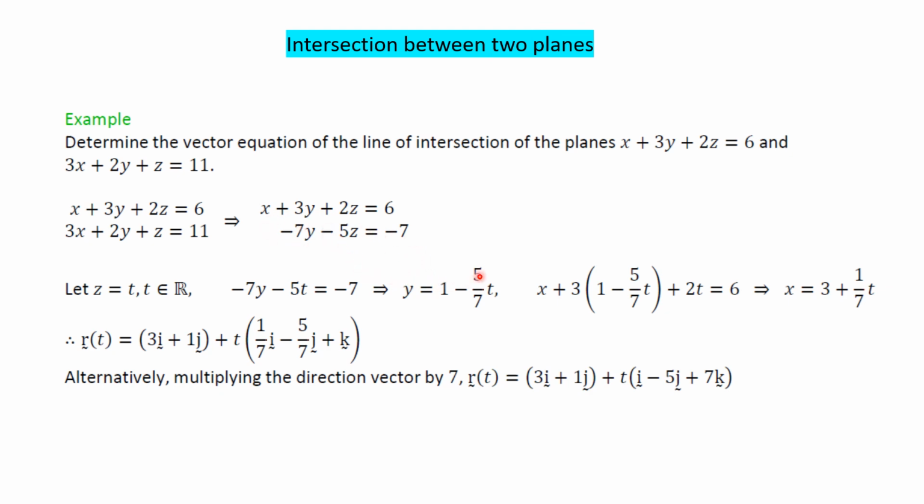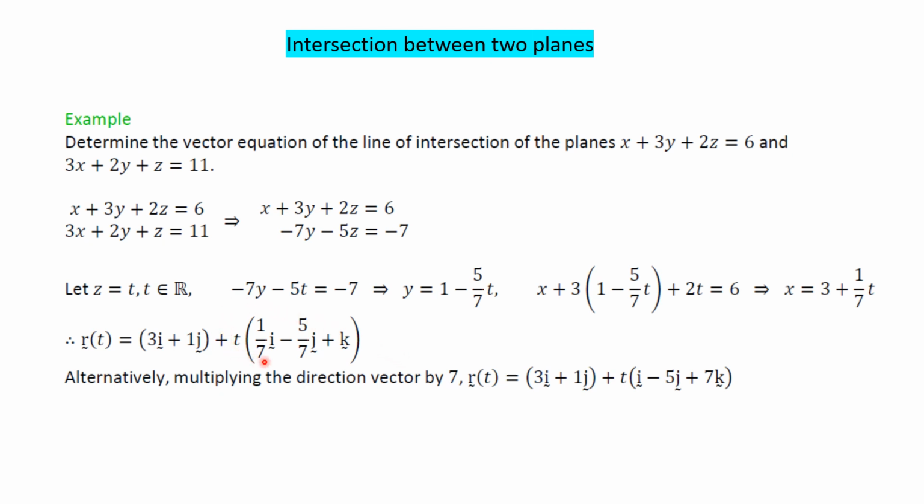Similarly, you work out x in terms of t by substituting y and z into this equation. Alright, so now you've got z equal to t, y equal to 1 minus 5 over 7 t, x equal to 3 plus t over 7. Now you substitute these three back into the position vector, and that is your equation.